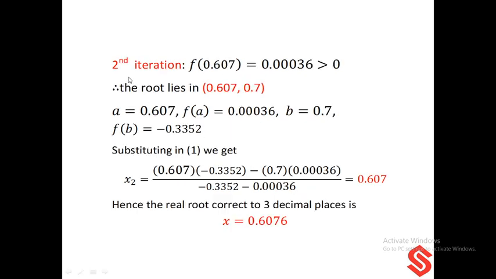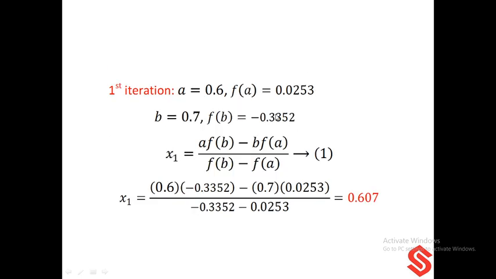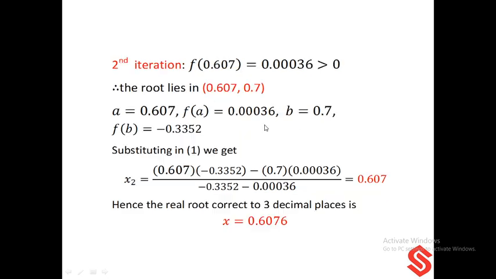Next, second iteration. Here first let us find the value of f of 0.607. So that we get positive 0.00036. Previously we have f of 0.7 is negative.